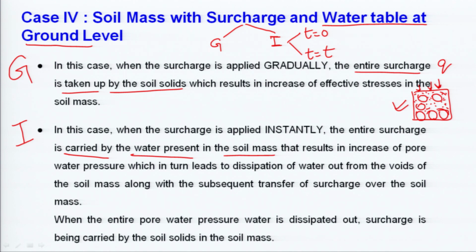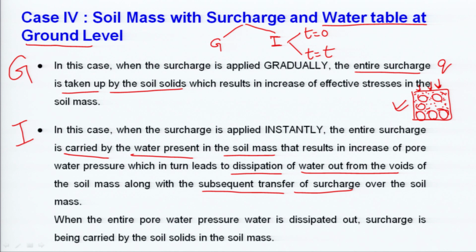So the entire surcharge is carried by the water present in the soil mass, which results in an increase of the pore water pressure. When the pore water pressure is increased, it will be dissipated, so water will move out from the voids of the soil mass, along with the subsequent transfer of surcharge. We will be seeing how the transfer of surcharge takes place over the soil mass.